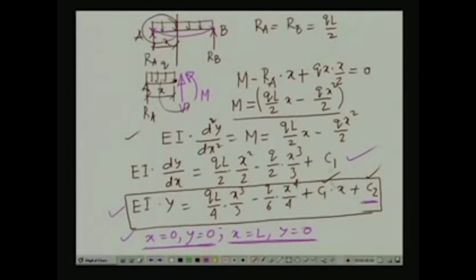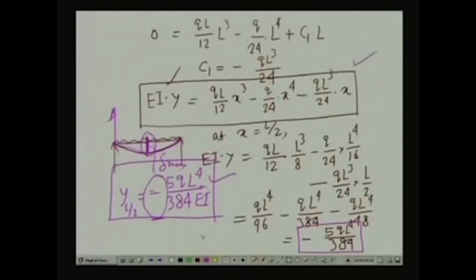If we substitute over here, we can get the value of dy dx. So, we can compute the slope at x equals 0 and at x equals L. Now, let us compute the slope at the support points.